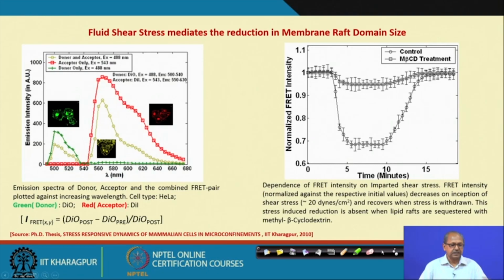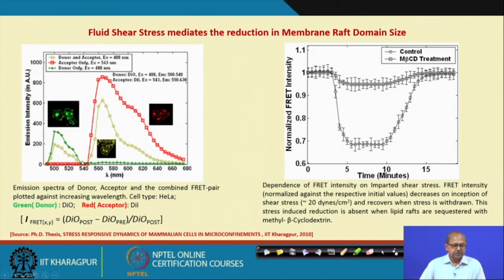Here we are picking DIO, a carbocyanine dye tagged with lipid, and the acceptor is DII, whose excitation is 543. When these two fluorophores are given to a cell, they will be concentrated in the lipid raft. So, you will get the fluorescence energy transfer that the yellow line indicates.